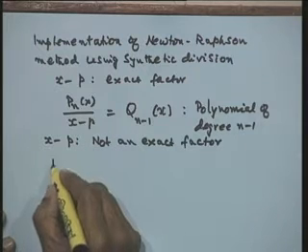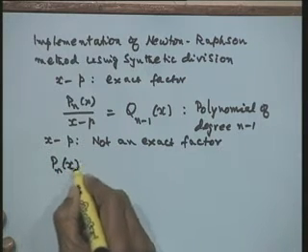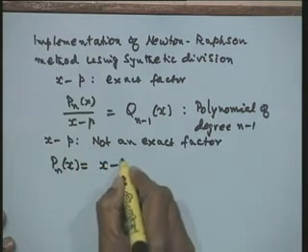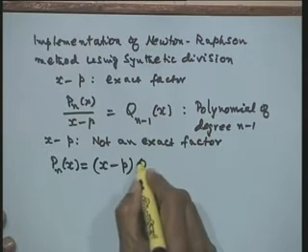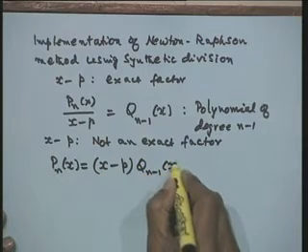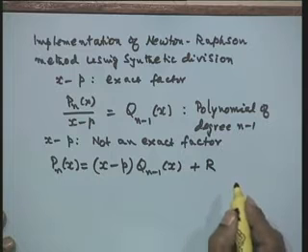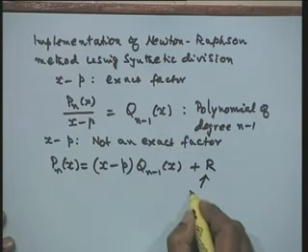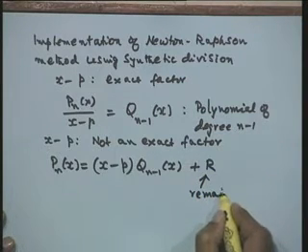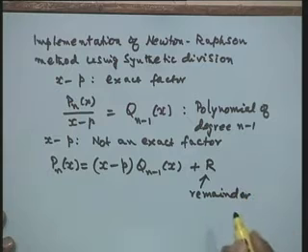Then p_n(x) can be written as (x - p) q_{n-1}(x) + r, where r we will call the remainder.